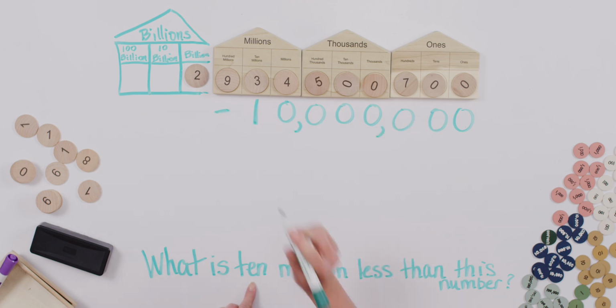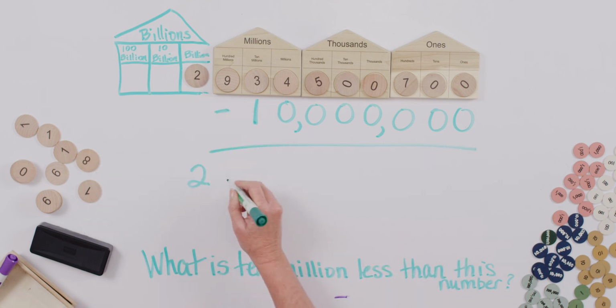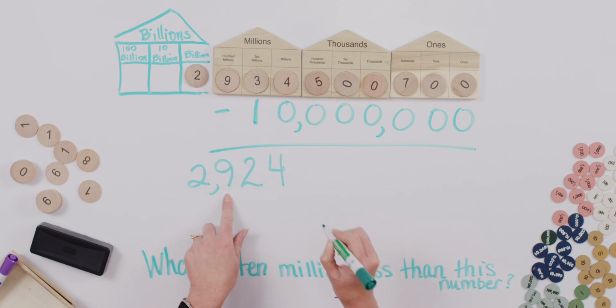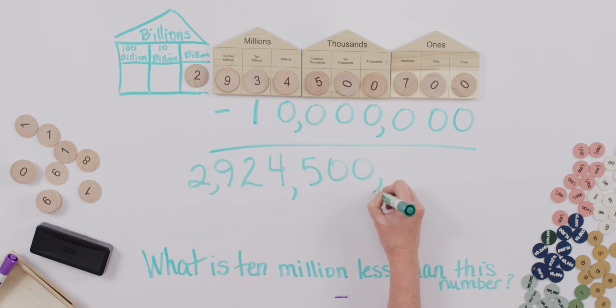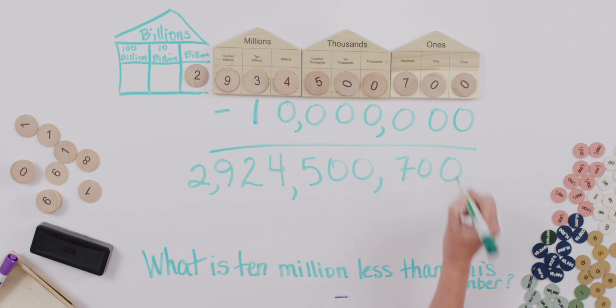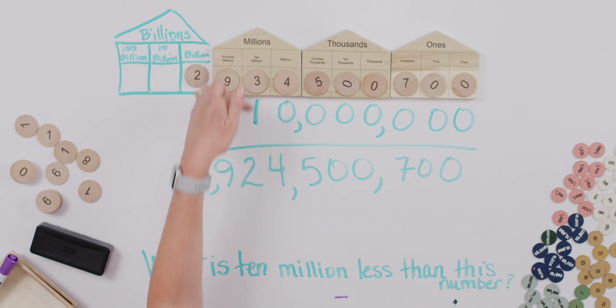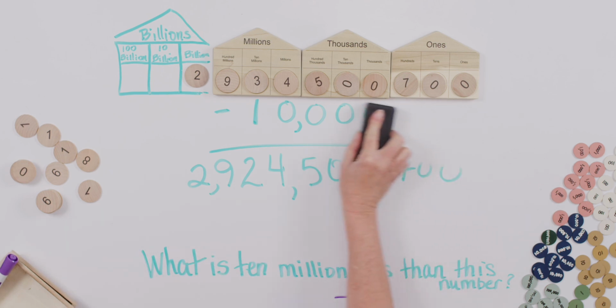So if I were to subtract that, because I want 10 million less than this number, what would I get? 2,900,000,000. 3 minus 1 is going to give me my 2, right? 2,924,500,700. All right, so you see I subtracted my 1 from my 3 in my 10 millions when I was subtracting 10 million. Let's do one more quick one.